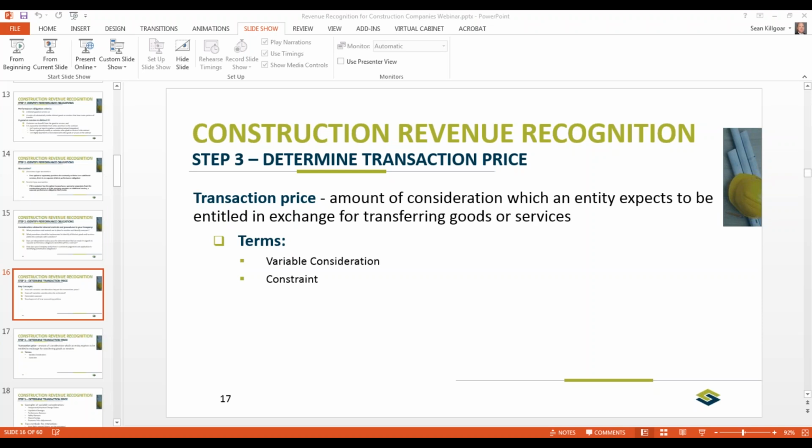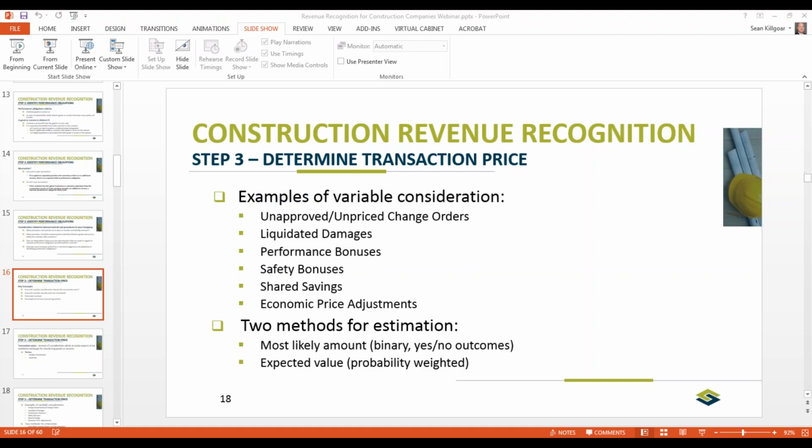So the transaction price is not necessarily the contract price. The key difference is variable consideration. And while these things exist and they occur on contracts every day, such as unapproved change orders, liquidated damages, bonuses, shared savings, many of our clients now, especially with unapproved change orders, they may wait until they're 100% certain they're going to receive the change order before recognizing the revenue.